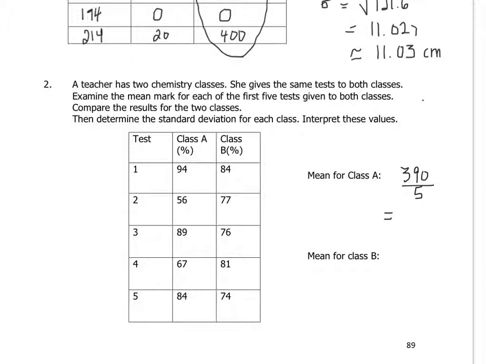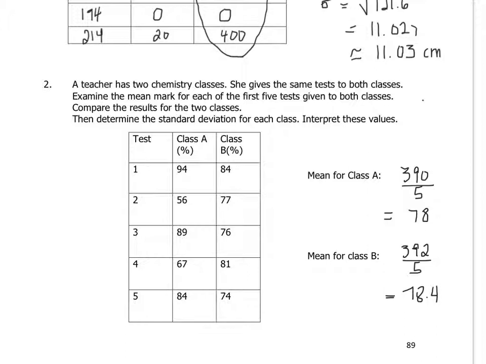So 390 divided by 5 is going to be a mean of 78 for Class A. And then if you take Class B's marks of 84 plus 77 plus 76 plus 81 plus 74, that's 392 divided by 5 is 78.4. So the averages for both classes are similar.